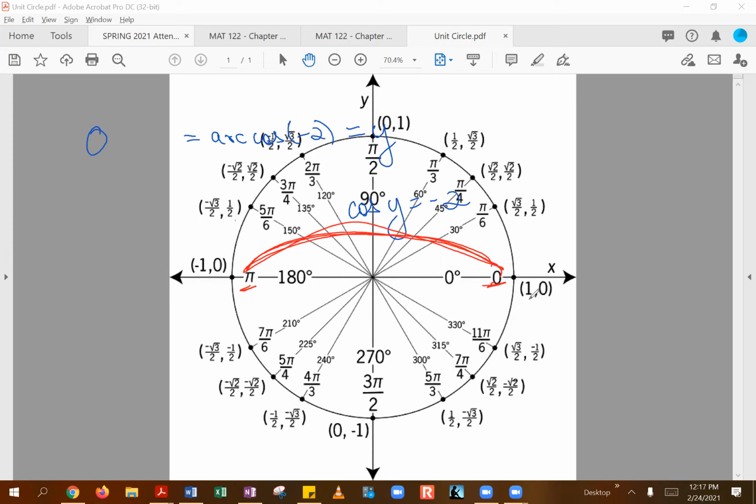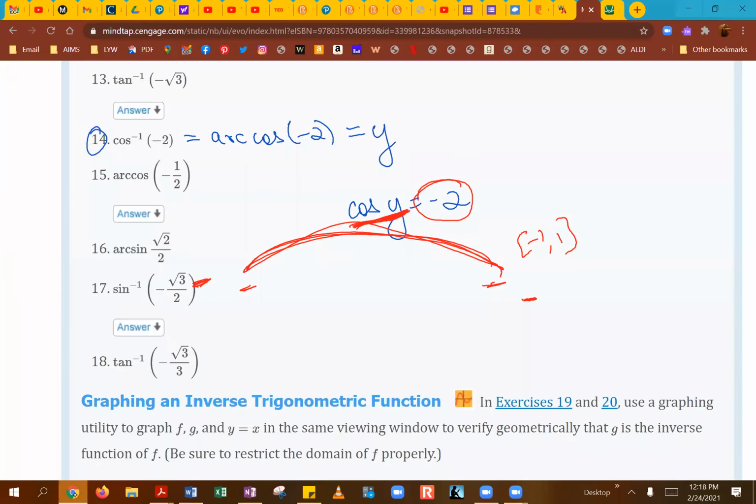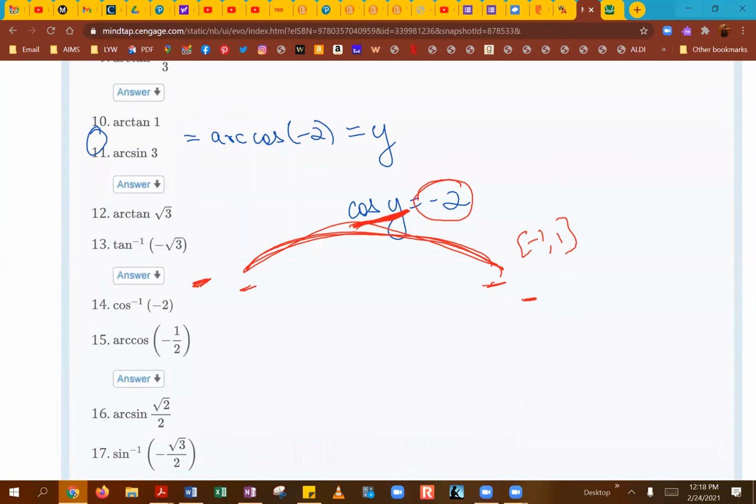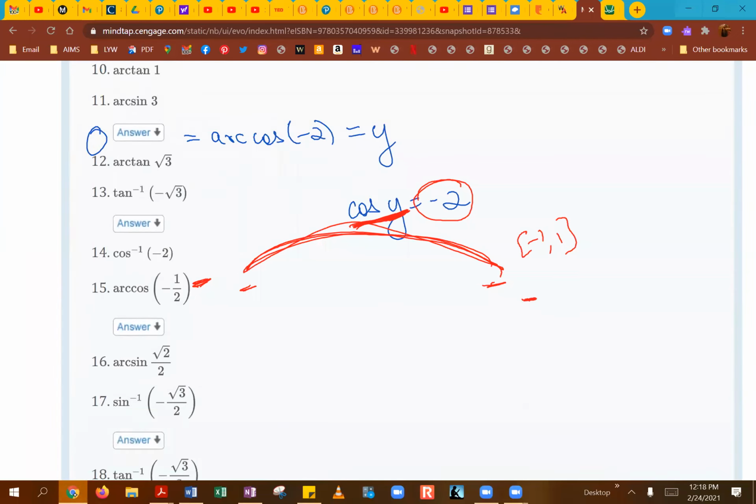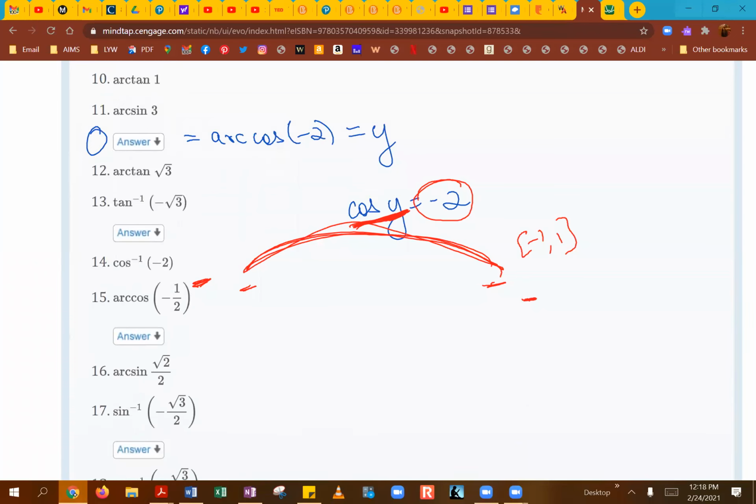So if you look at this, the cosine value is restricted between +1 and -1. So this -2 actually falls outside the range of -1 to +1. It's the same thing you had seen with number 11, I think, that we had done with the arc sine function.